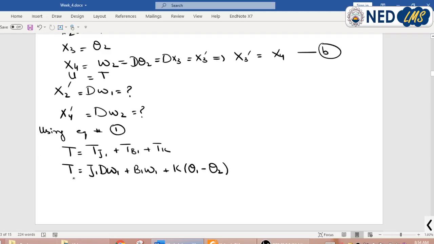So these are the equations, from which we can evaluate x2 dash. X2 dash is this.